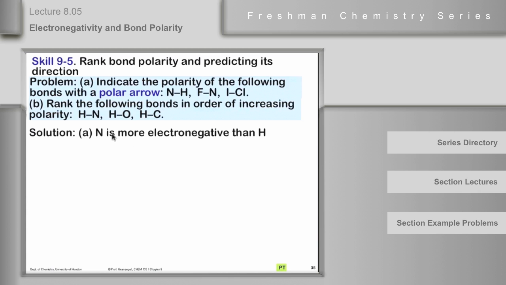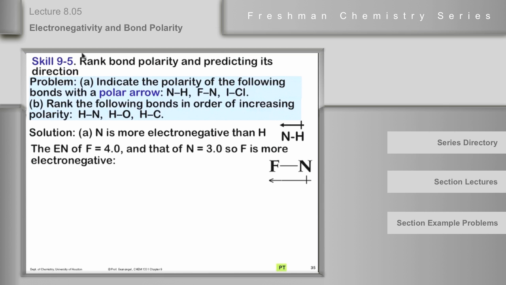Well, if you look at where hydrogen is in the periodic table, you know that nitrogen is to the right of where hydrogen shows up, even if you put it where it is in electronegativity terms between boron and carbon. Nitrogen is still to the right, and the trend increases, so nitrogen is more electronegative than hydrogen, and the polar arrow would point toward the nitrogen, with a delta minus on this side and a delta plus over here.